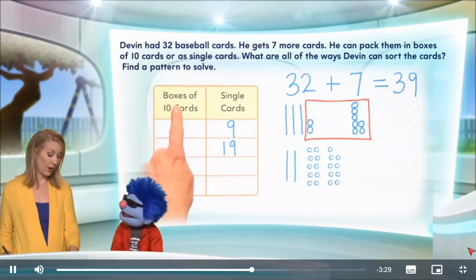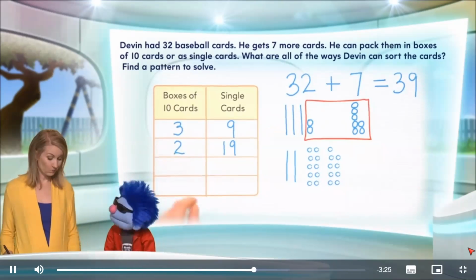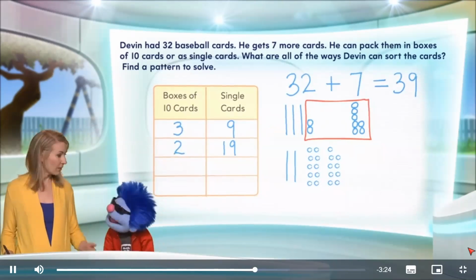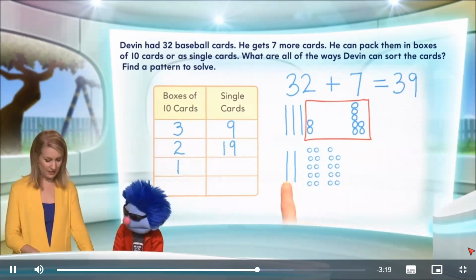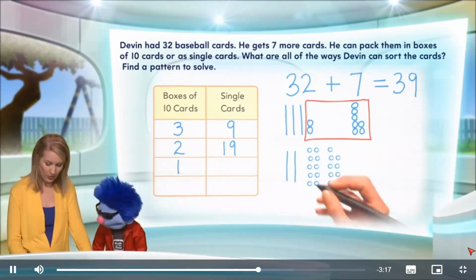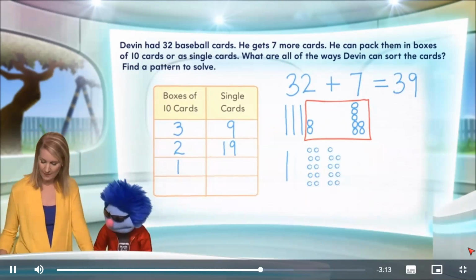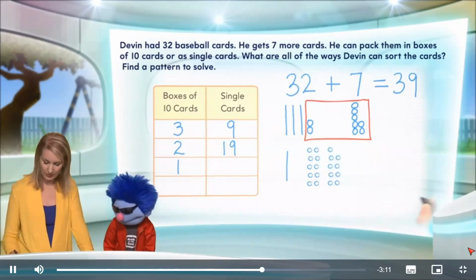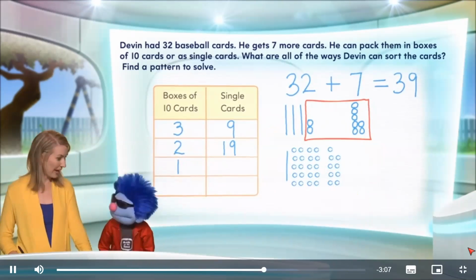Now, there is another possibility for the number of boxes of 10 that he has. Can you think of what it would be? Maybe just having 1 box? That's right. So if we just had 1 box of 10, that means we're going to take one of those boxes of 10 away and replace it with 10 singles.